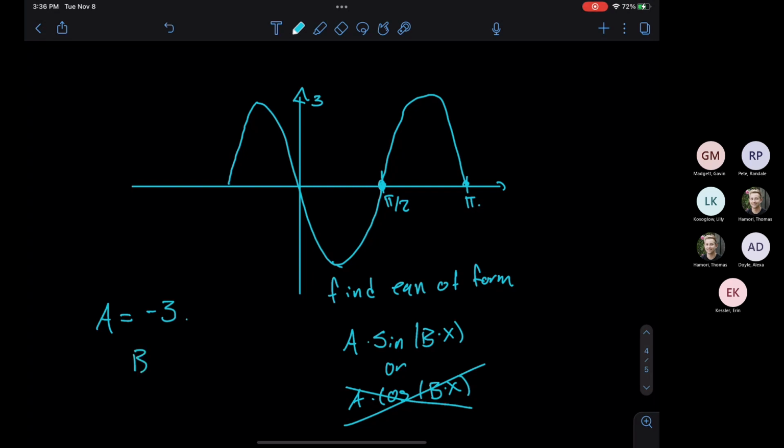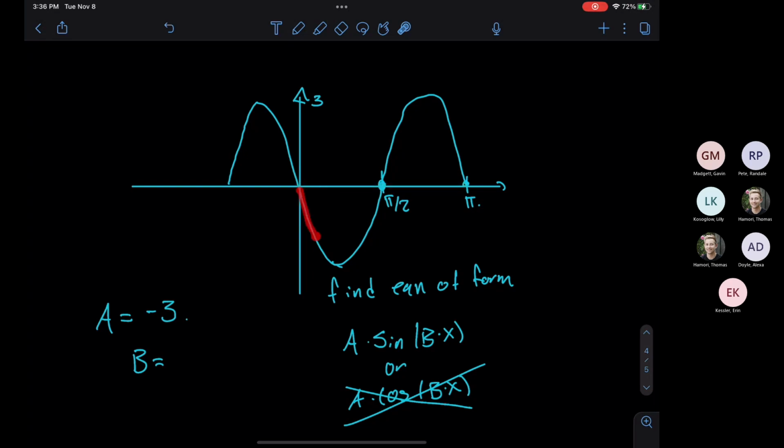How about b? Well, what does multiplying by b on the inside do to the graph of a function? Changes the period. What's the period of this function that we see above in this graph? Pi. The period is pi, because that's how long it takes for me to start repeating, right?